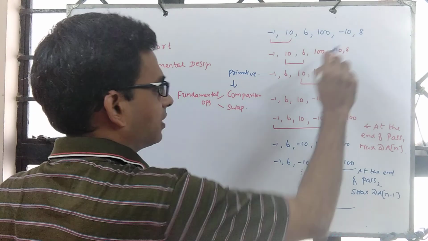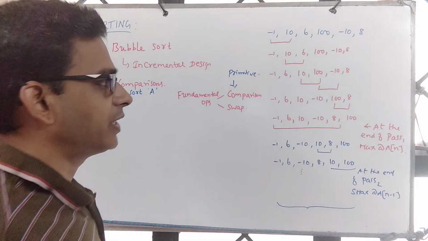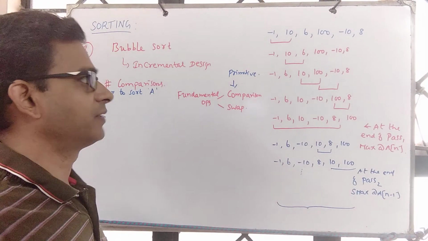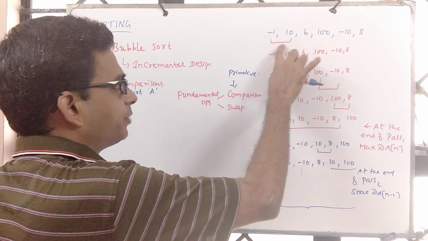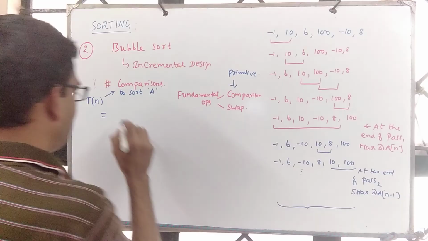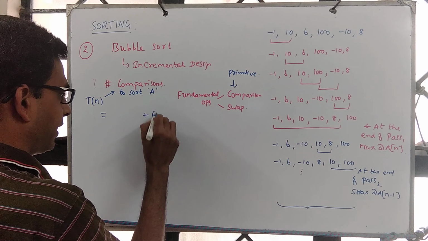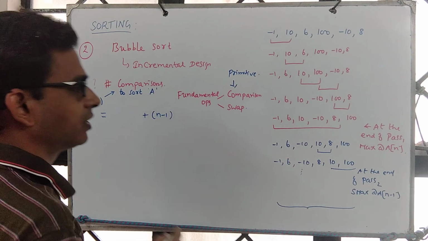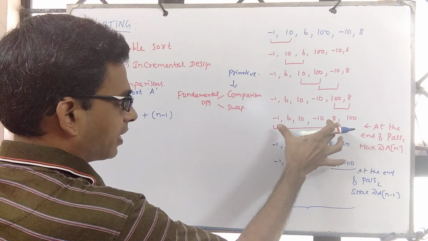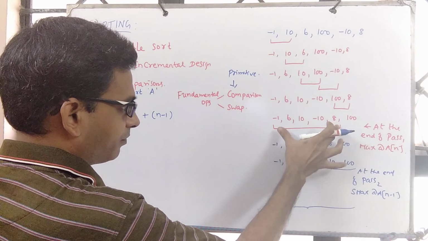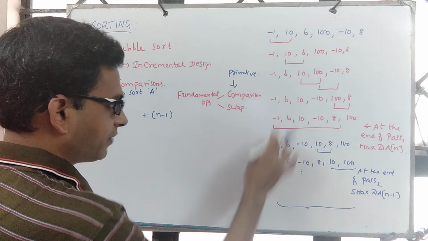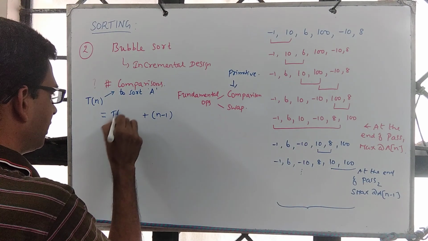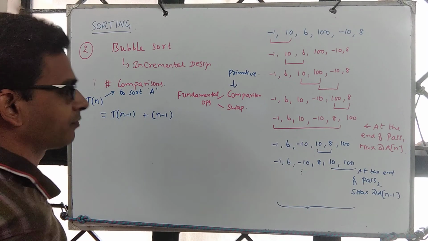In the process, wherever a swap is required, we swap the elements as well. Now how many comparisons do we need to get max? We incur n minus 1 comparisons. Then we perform this strategy with respect to this array. The number of comparisons for that is T of n minus 1.